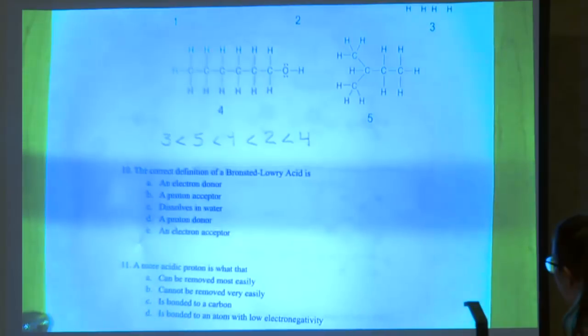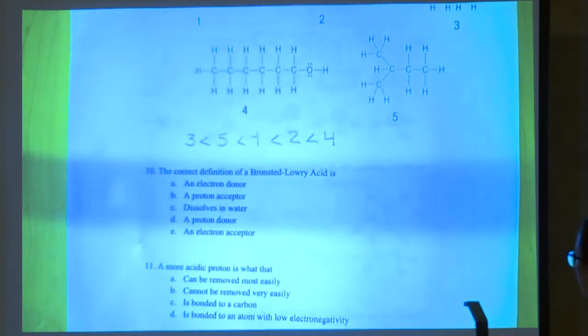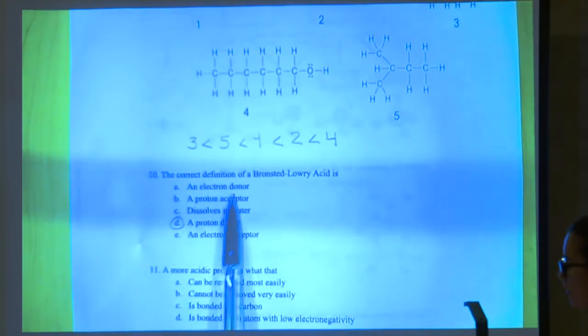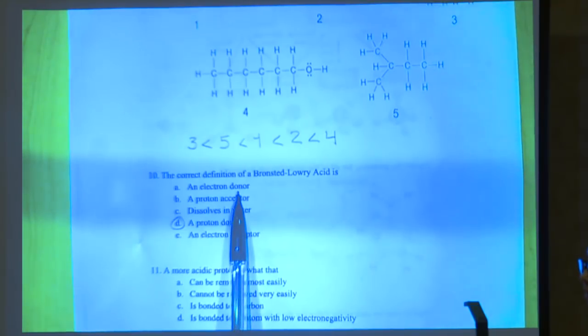Now, what's the definition of a Bronsted-Lowry acid? An acid donates what? Okay, do y'all agree? What is an electron donor? A Lewis base? Good.